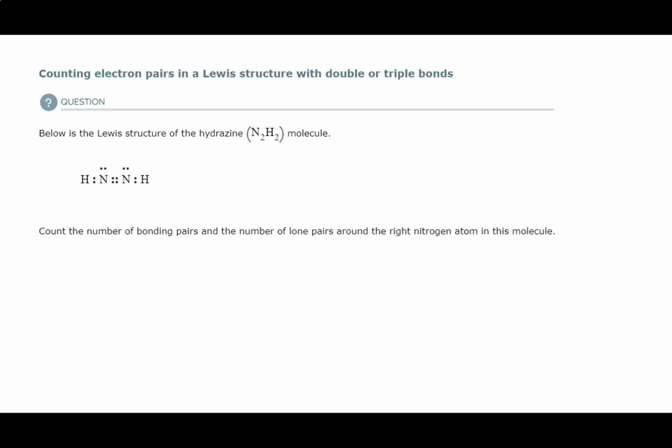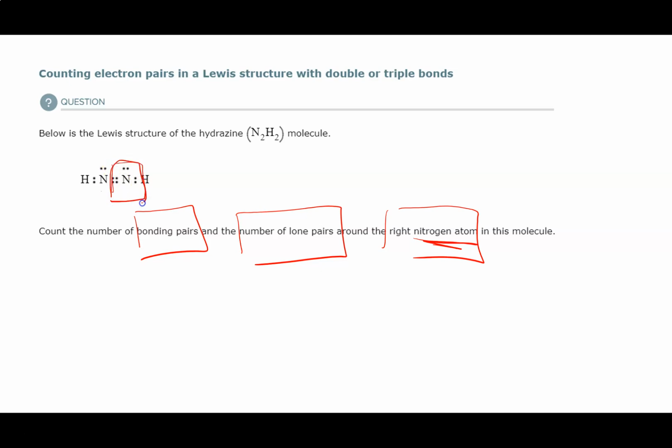Okay, here's another one, a little more complicated molecule here. So it says below is the Lewis structure of the hydrazine molecule. Hydrazine is often used as a fuel in rockets. And then it says count the number of bonding pairs and the number of lone pairs around the right nitrogen atom. The right nitrogen atom. So there's the left one, there's the right one. So we're talking about that guy. So what does it look like?